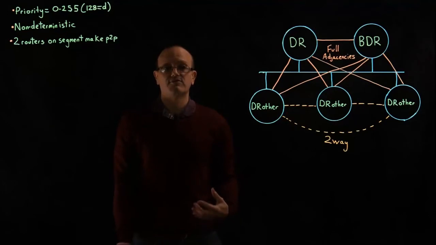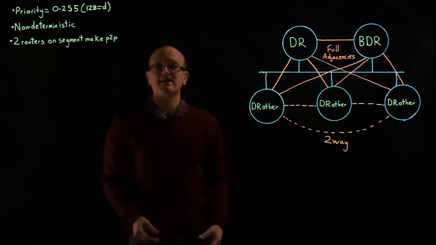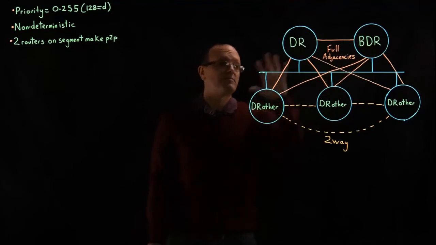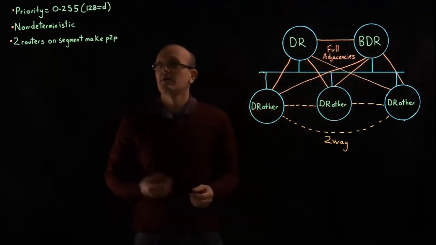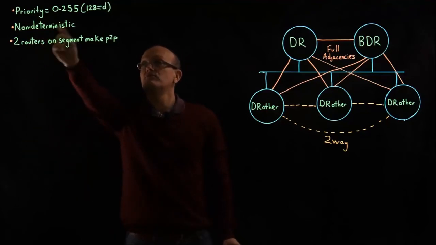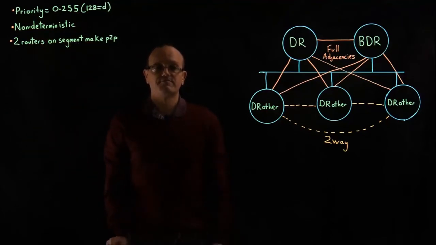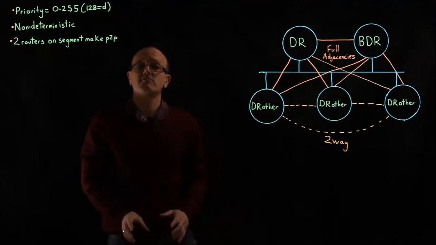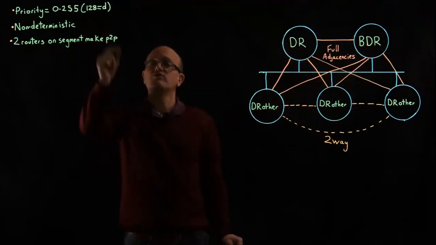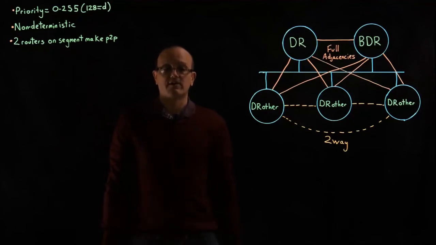And this election process is governed by the configured priority of these devices for this particular LAN network. And this priority can range from 0 to 255, 0 being never become a DR or a BDR, and 128 being the default value.